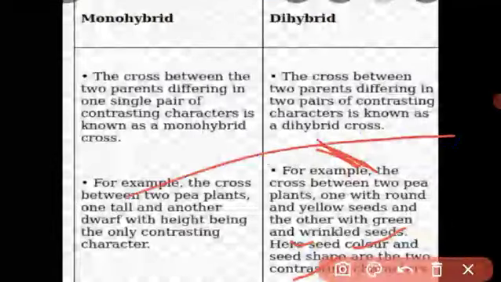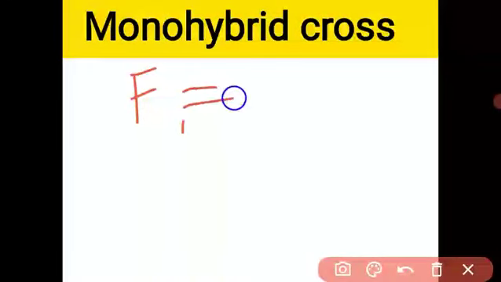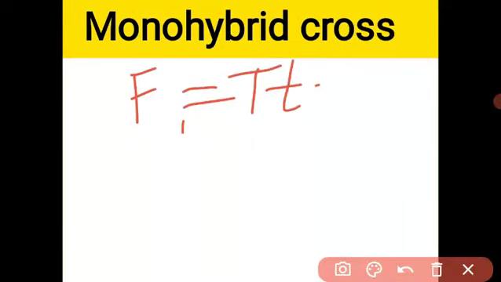First, Mendel crossed the pure generation, pure tall and pure dwarf. What is the result in the F1 generation, students? In the F1 generation, all are tall plants.